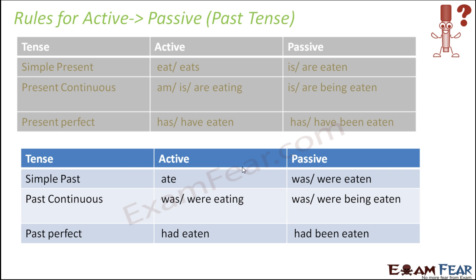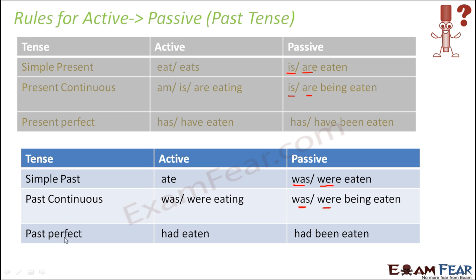Now just compare the past tense table with the present tense table. So you see here it was is, are, eaten. So is, are gets replaced with was, were. Similarly, in past continuous, it is was, were, being eaten. So again, is, are is getting replaced with was, were. Otherwise, it is the same.